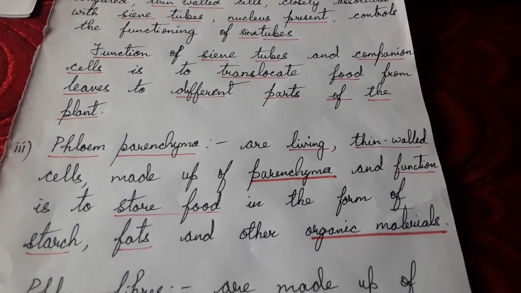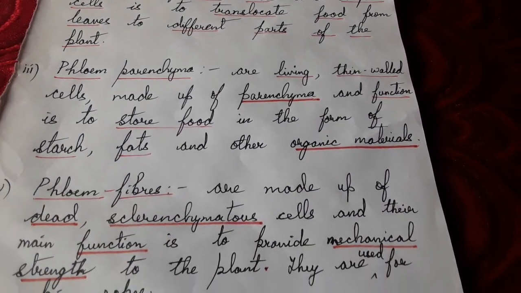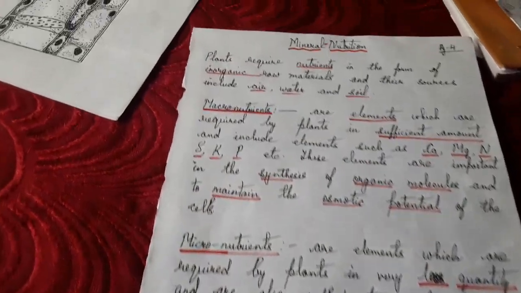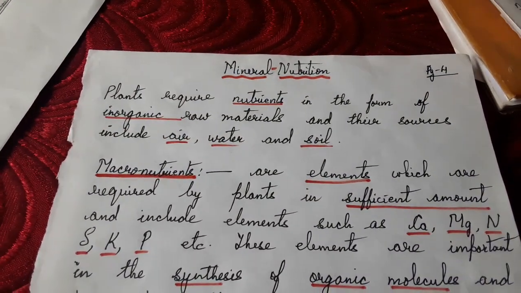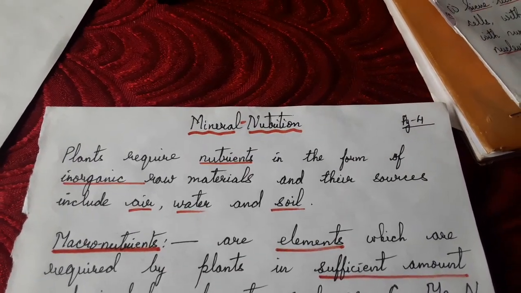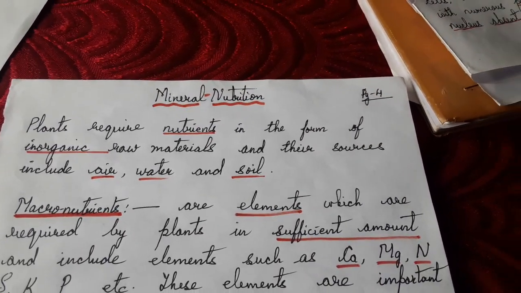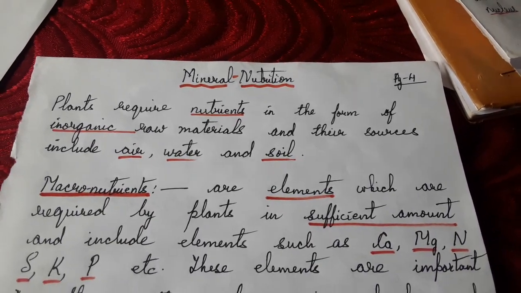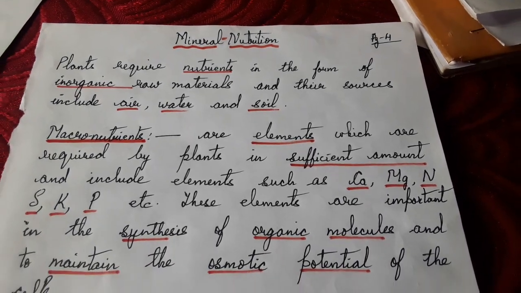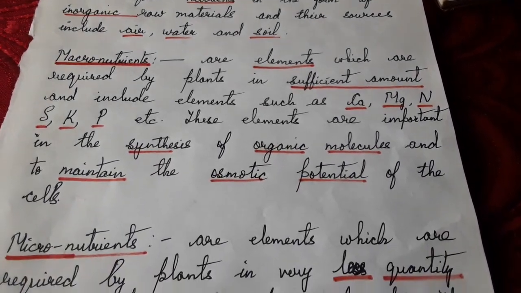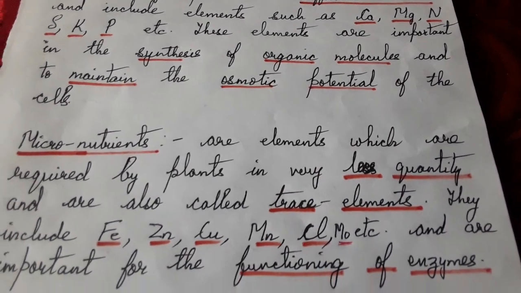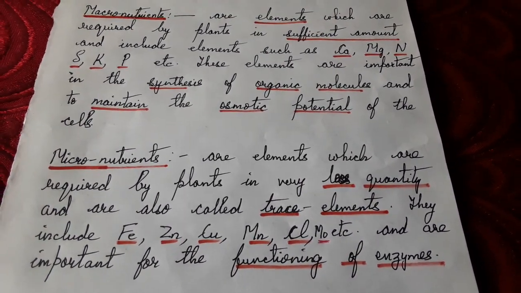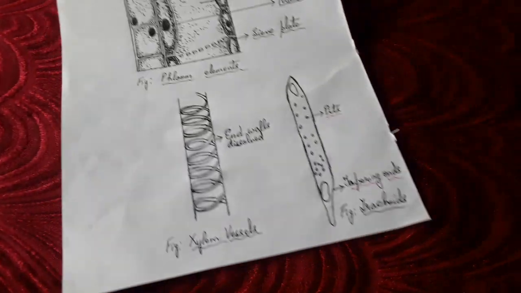Next, we have the topic mineral nutrition, and you should know the deficiency symptoms of certain elements. We have the diagram of the important xylem elements such as tracheids and xylem vessels, and phloem elements.